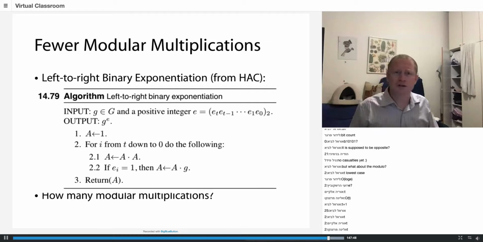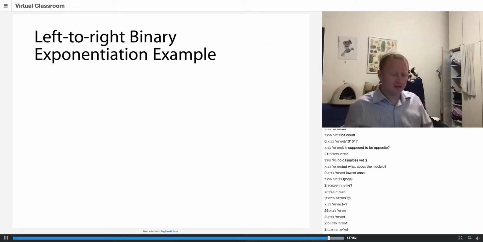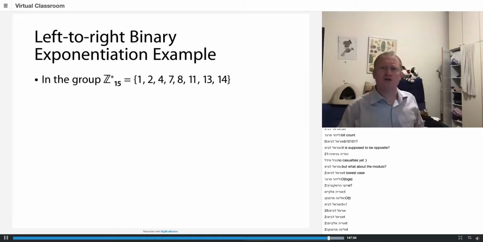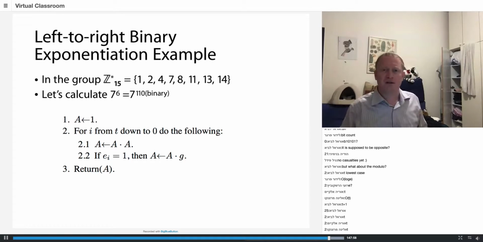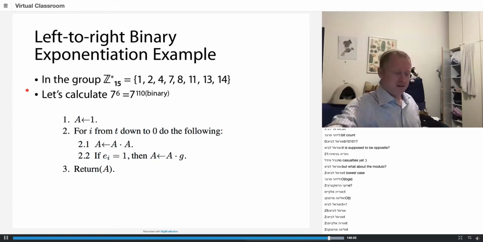And now I'm going to do an example. I think I can do an example. Here's an example. So we want to calculate 7 to the power of 6. So we're going to start with A, and A is equal to 1. Let's see if it works. I'll do it in the chat, in the notes.